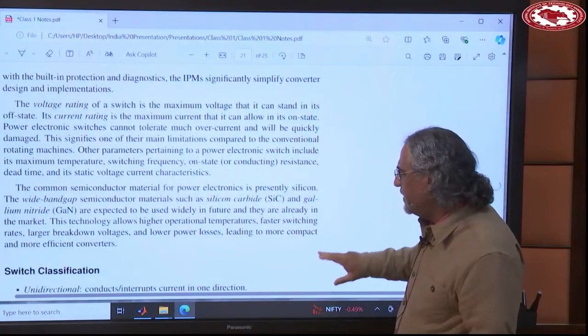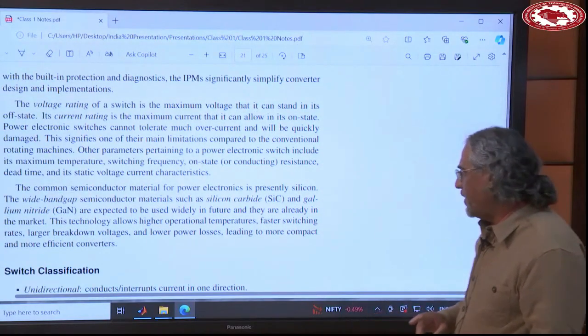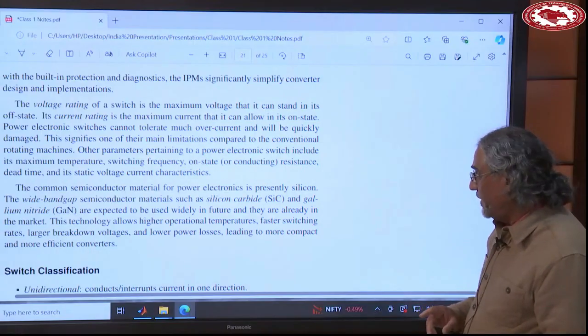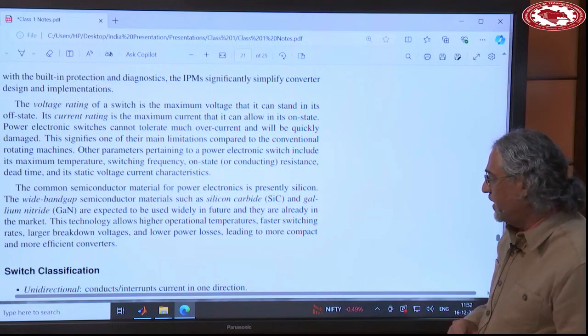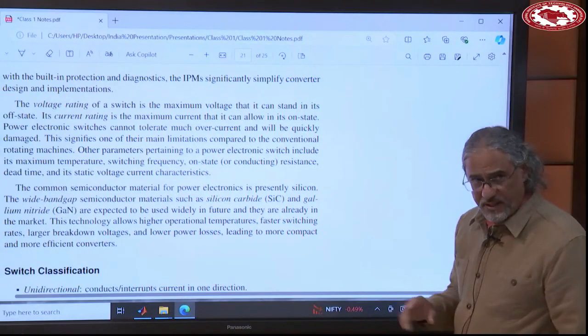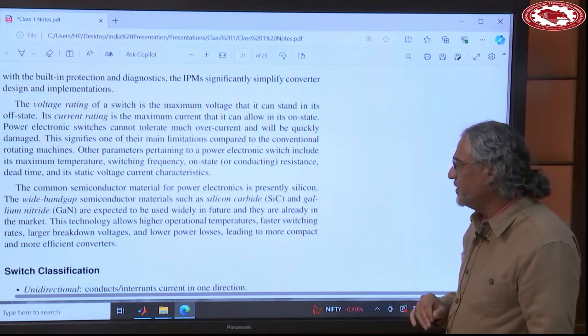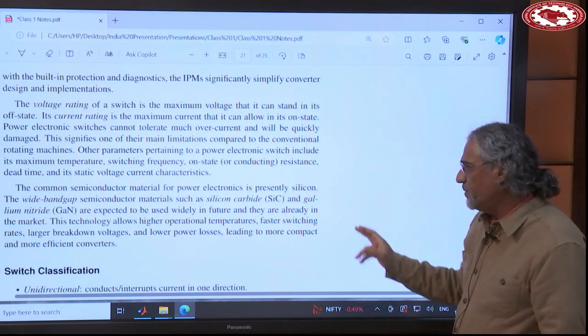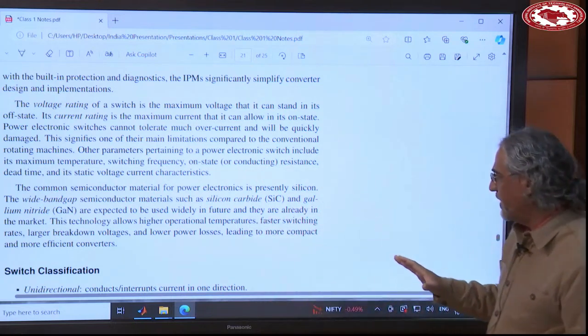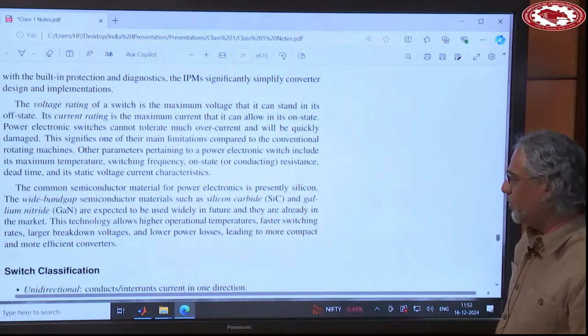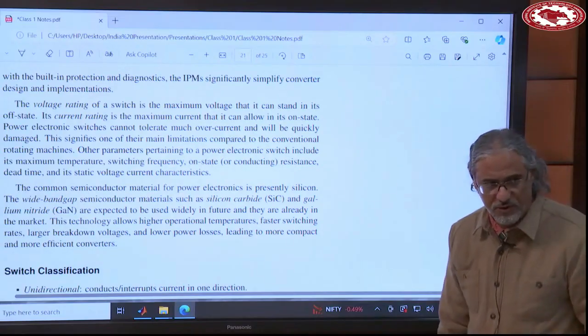And the last thing here is wide band gap devices are becoming now very attractive. These are the devices that can switch much faster than silicon switches. These are either silicon carbide or gallium nitride. These are the two common ones that we have currently. And they can go really, really high switching.